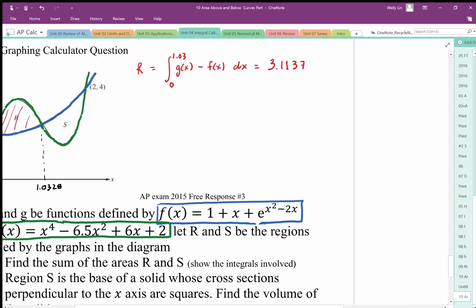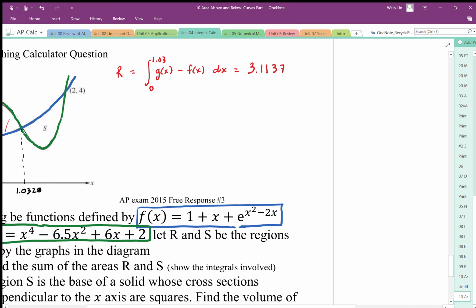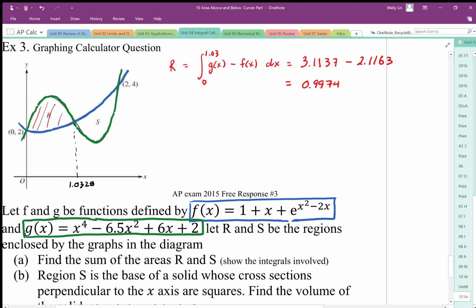When I shade the area under the blue, which I'm going to subtract, the area under the blue function is going to be 2.1163. So the net area works out to be 0.9974. And depending on the accuracy of your decimals, you might be off by a little bit. So that's the integral to solve for R.